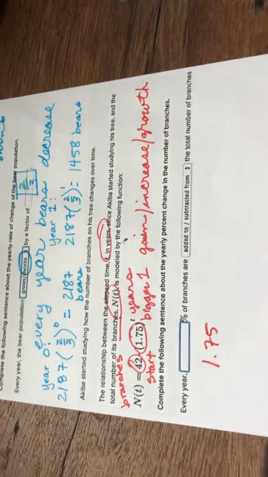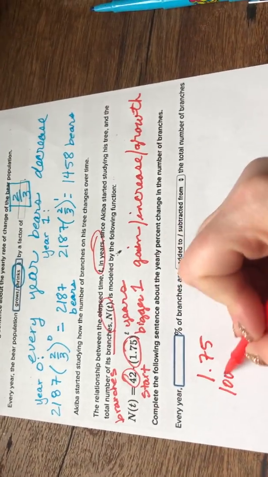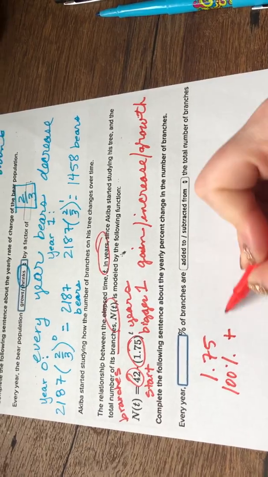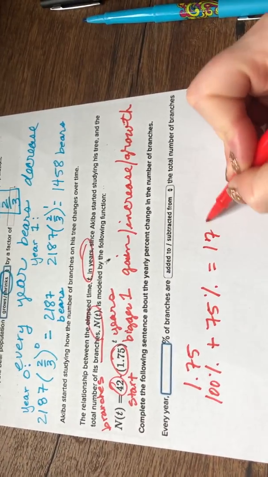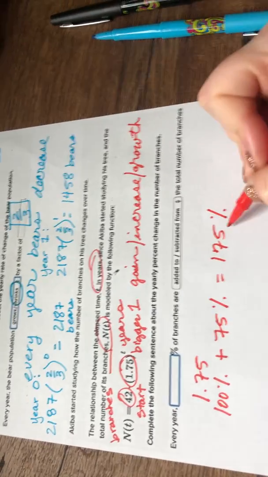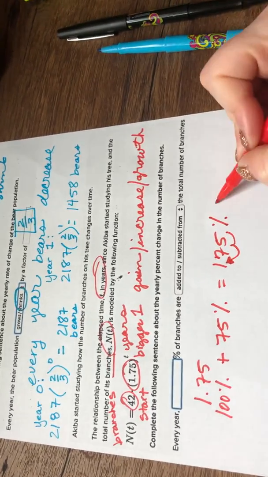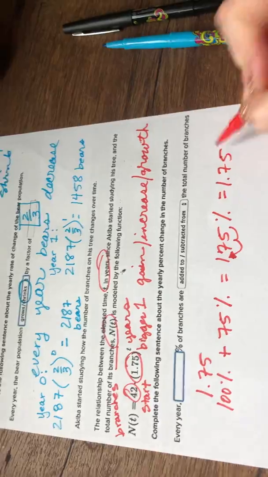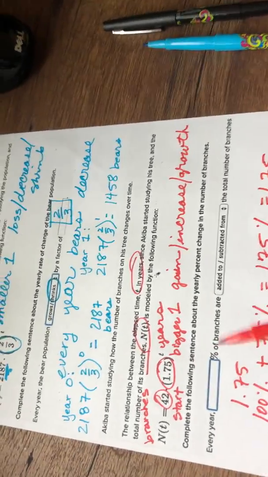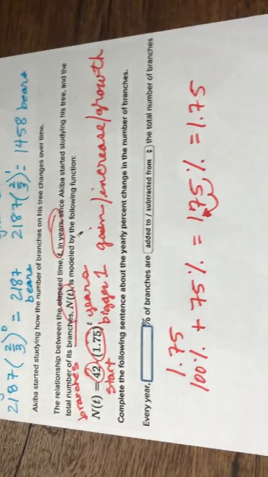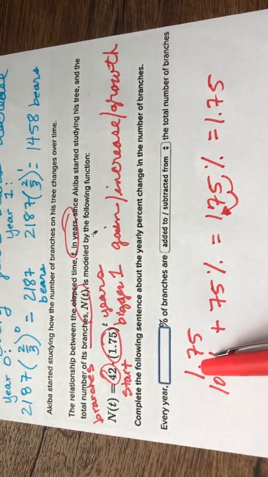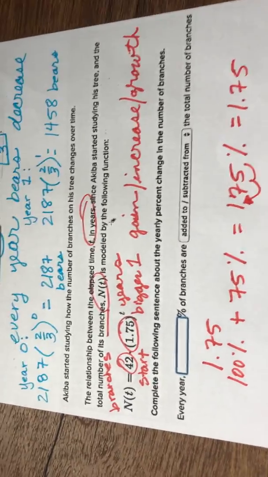Okay, so let's talk about that 1.75. Remember earlier I said this is like 100% plus 75% because that makes 175%. And then you move the decimal twice to the left, which is our 1.75. So every year, the branches, there's more of them by a factor of 1.75.